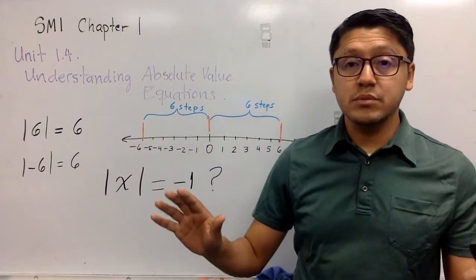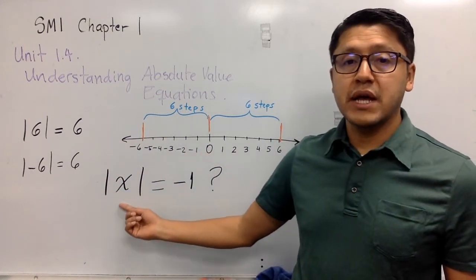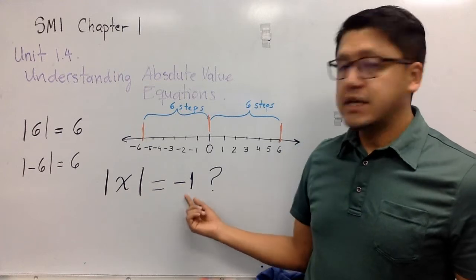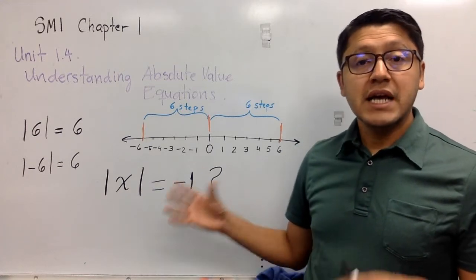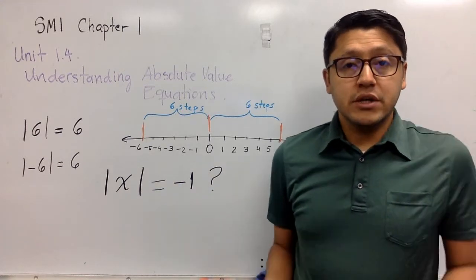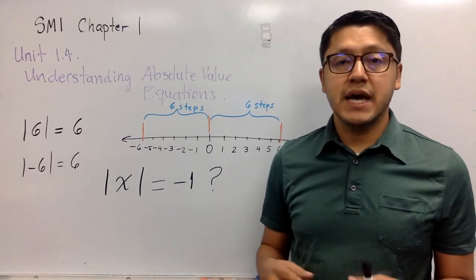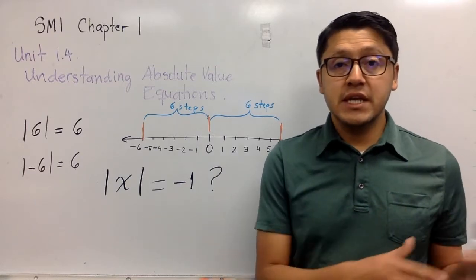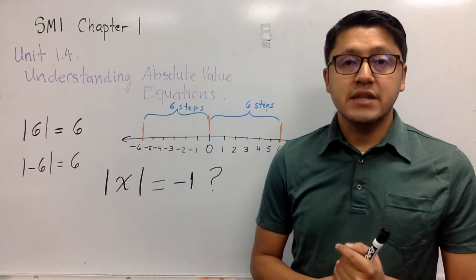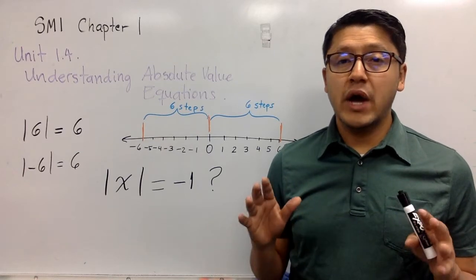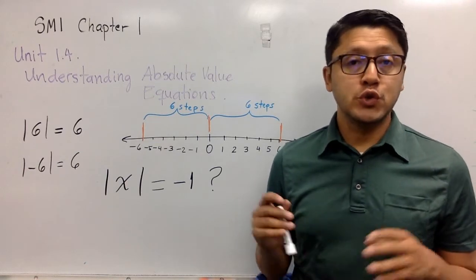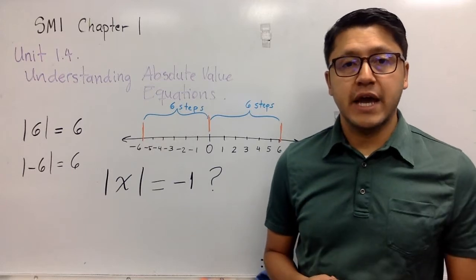So it's not possible that whenever you apply absolute value to anything, it gives you a negative number in return. So here we are opening the possibility that, just as we did in section 1.3, there are situations where you have no solutions to your equations, and take that into account.